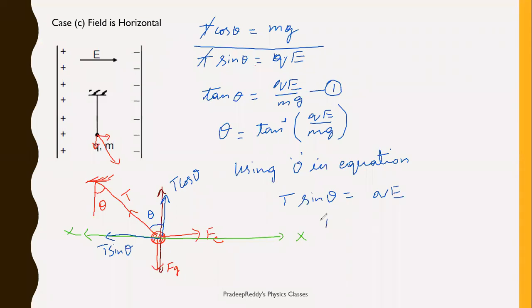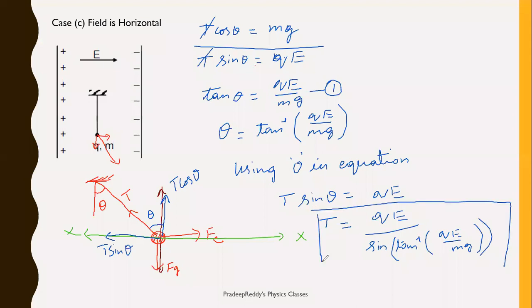Now take T as QE divided by sin theta, where theta is equal to tan inverse of QE divided by mg. So this gives you the tension in the string. Very simple.